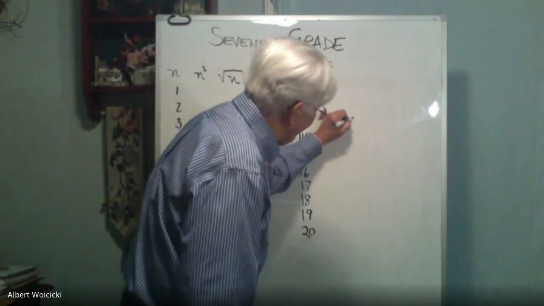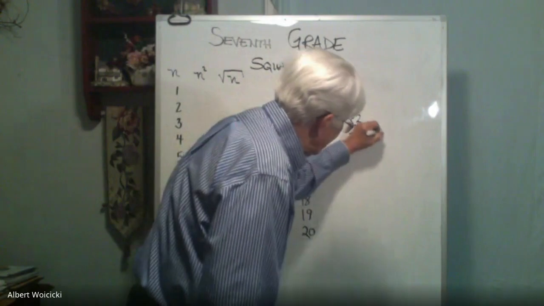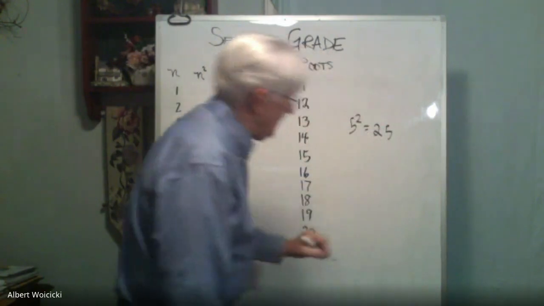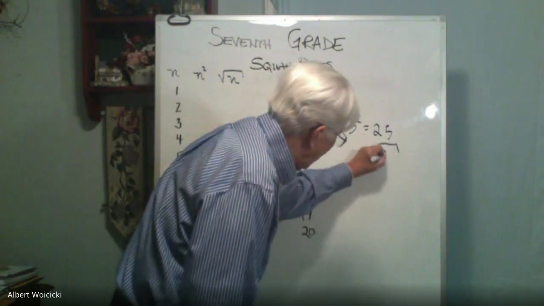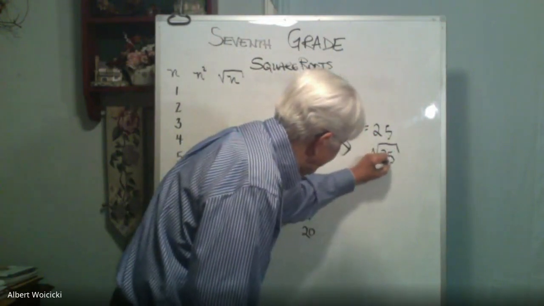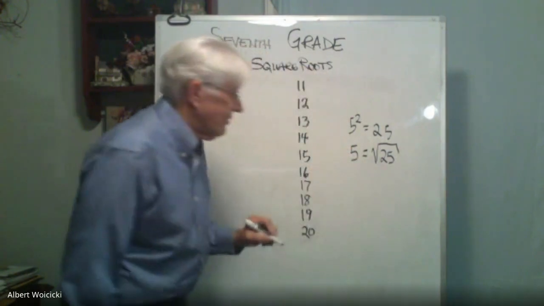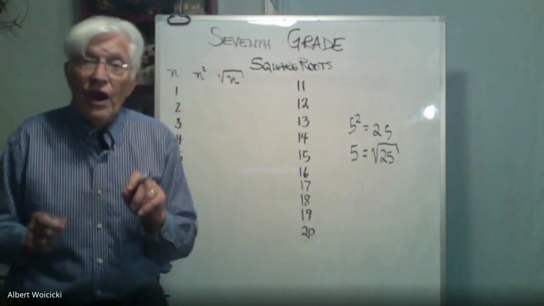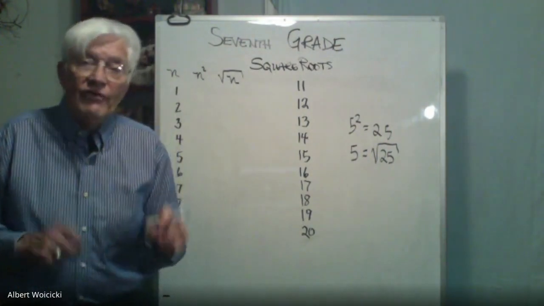If we know that 5 squared equals 25, then the square root of 25 equals 5.